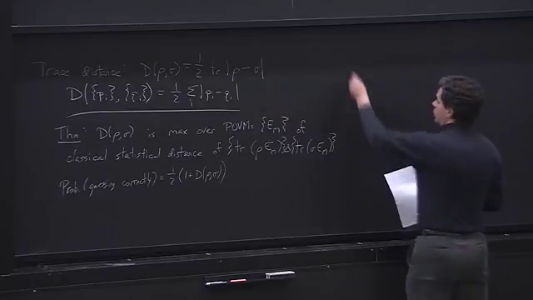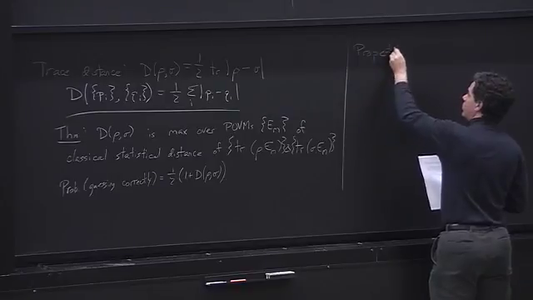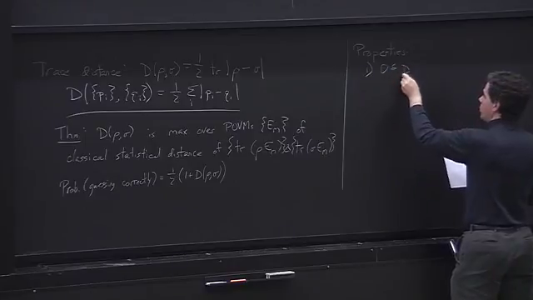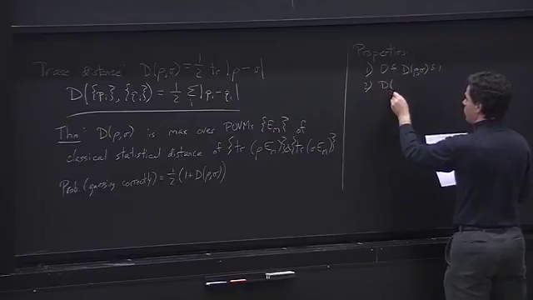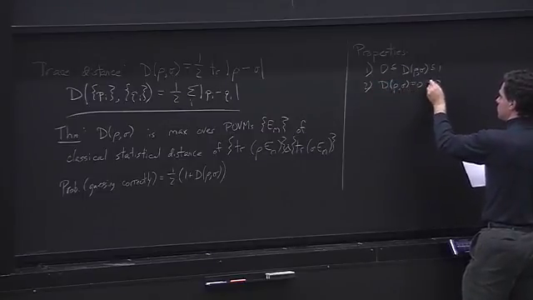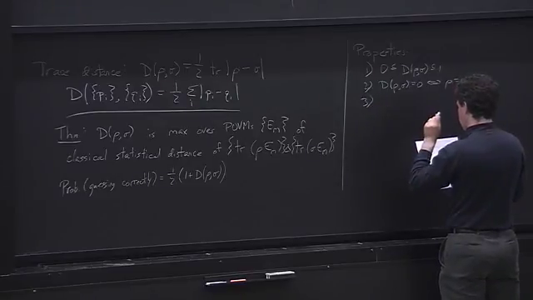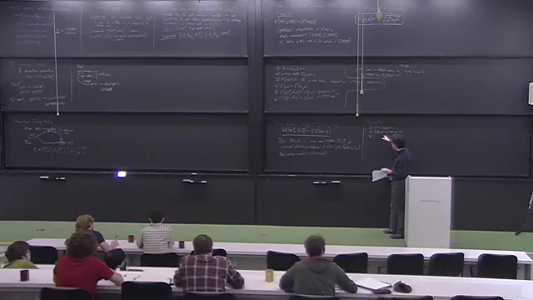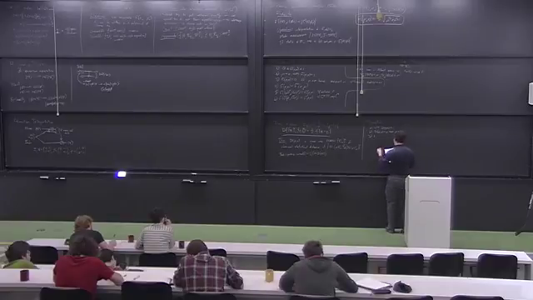Okay? And so similarly, trace distance has a bunch of properties that are similar to the ones for fidelity. In this case, the distance is still between 0 and 1. But in this case, 0 is the case where they're the same, and 1 is the case where they're different. I guess I didn't write down that property. But if rho and sigma have distance 1, then again rho and sigma have orthogonal support.